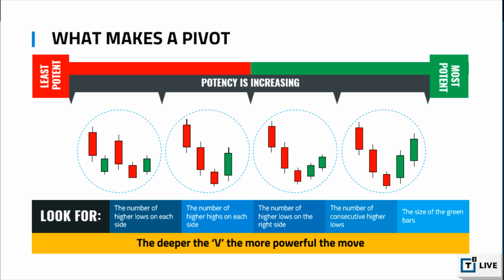Look at any sharp V pivot that you can find, on any liquid stock, and just look at the amount of volume, the shares that went into creating that reversal. You'll be astounded. It's like in the millions.